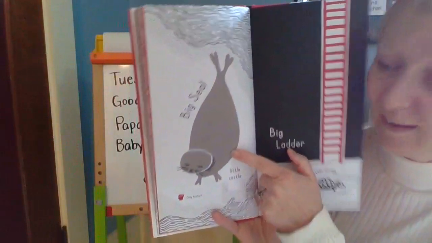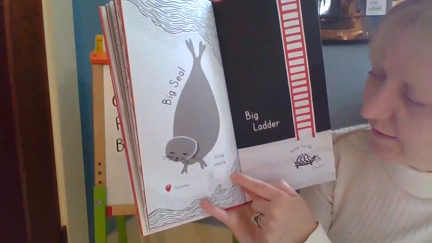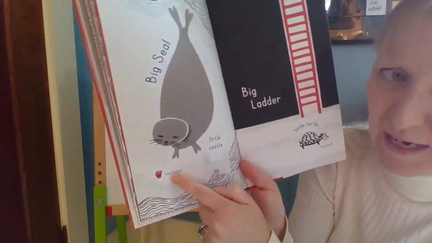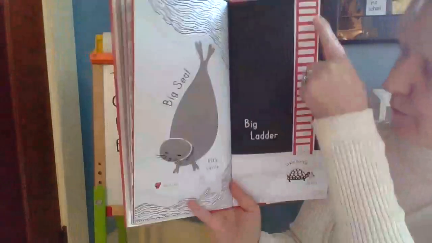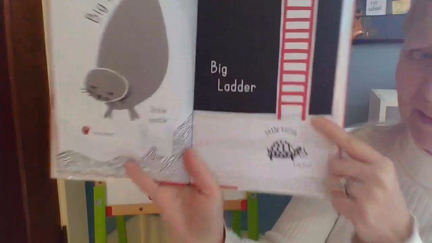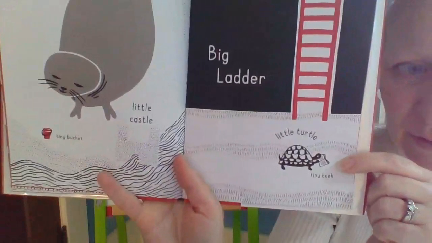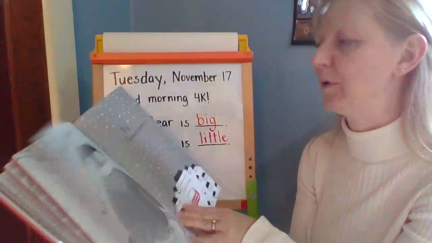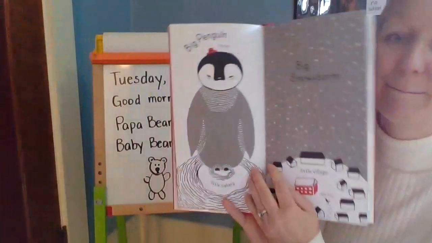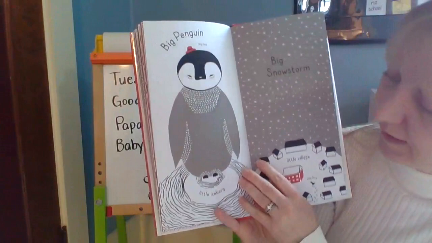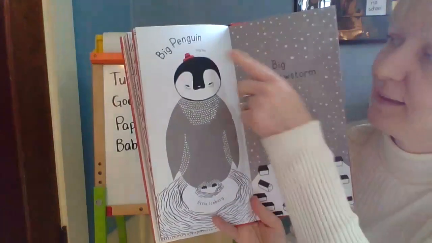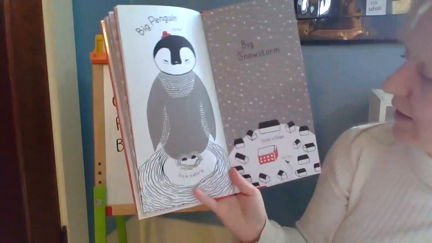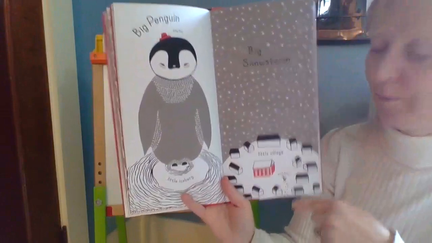Big seal at the beach. Little castle and a tiny bucket. Big ladder. Little turtle. Tiny book. The turtle is reading a book. Big penguin. Little iceberg. Tiny hat. Big snowstorm.